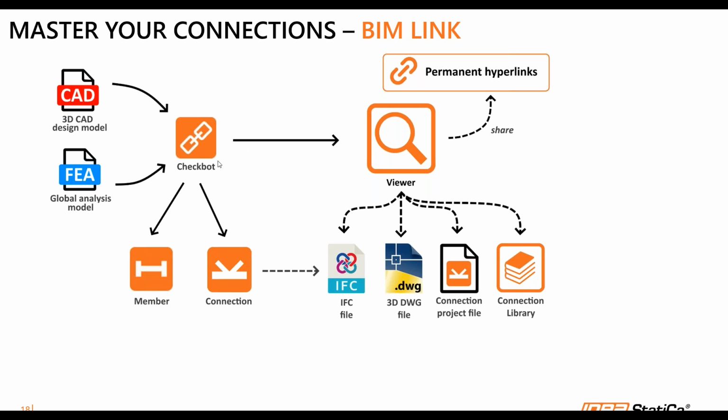From Checkbot, that's what we did, we open it in the connection application, or at the same time, you can open it in the member application. From connections, you can export only through IFC, but if you export it from viewer, you have the possibility to export it to IFC, 3D DWG file, and you can also export your connection project file into your own connection library.